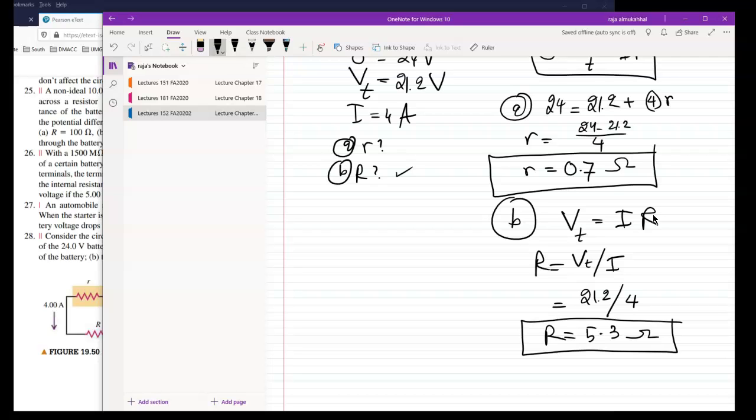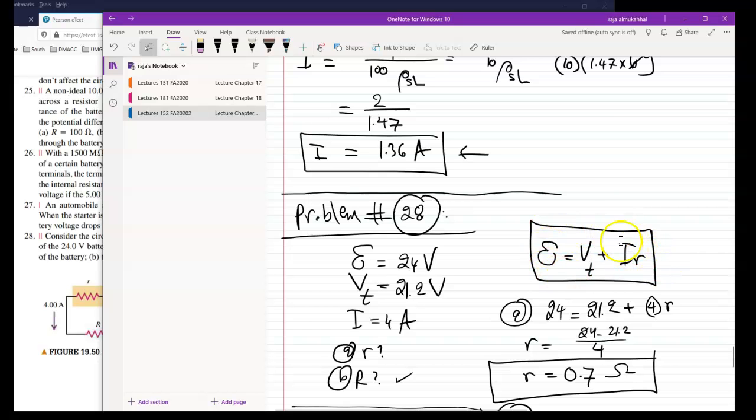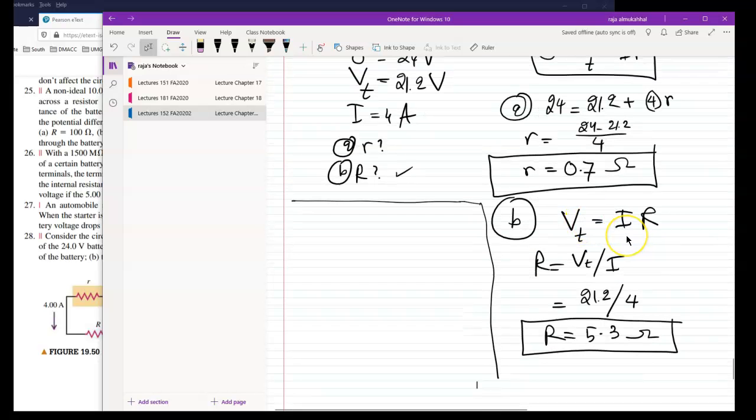Now, this is the last thing before I finish my lecture. How do I know that what I have done here is correct? I know it if I use this formula. In other words, look at this. What if I ask you the question, what is the total resistance in the circuit?